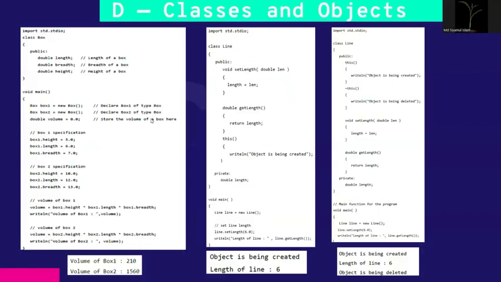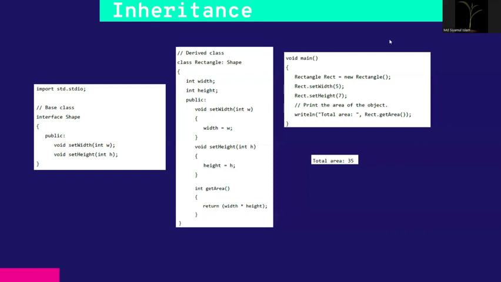One of the important concepts of object-oriented programming is inheritance, and this is one of the most important concepts. It is also similar to C++. What's the concept of inheritance?